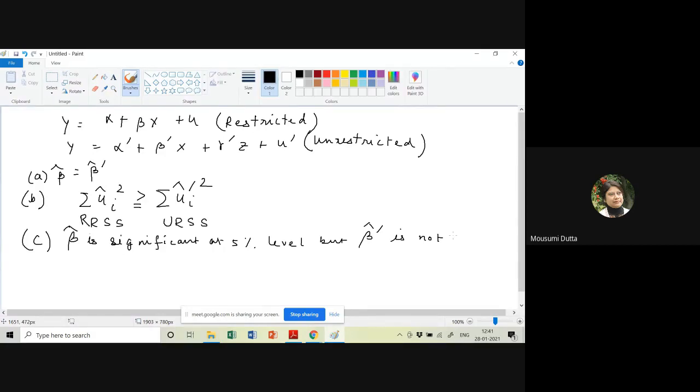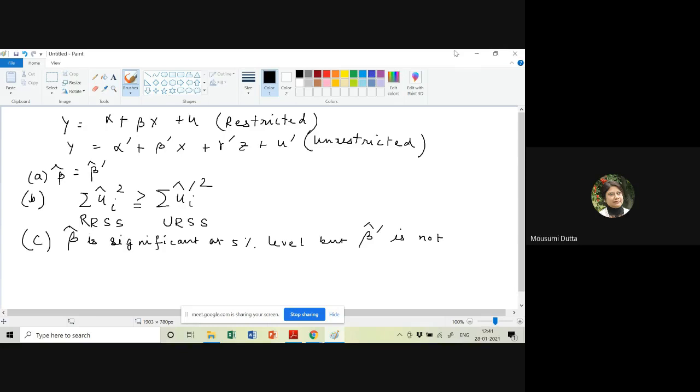Beta hat is significant at the 5% level of significance. That means X can explain Y. And beta hat prime is not, that means X cannot explain Y. So if in the first model we get that X can explain Y, is it possible that in the second model we will get that X cannot explain Y? No, ma'am.